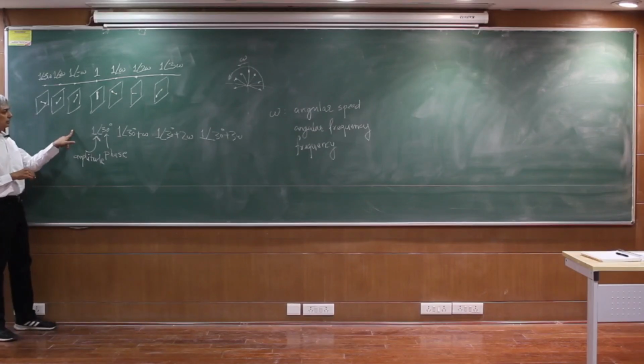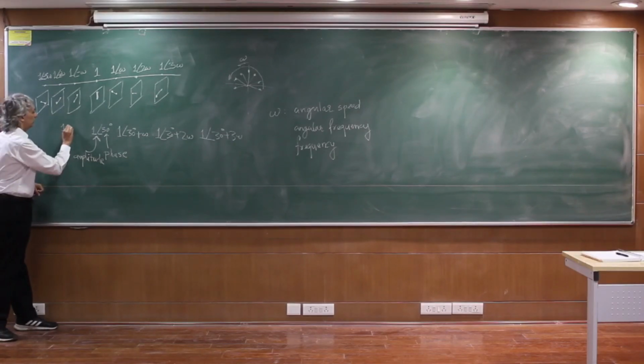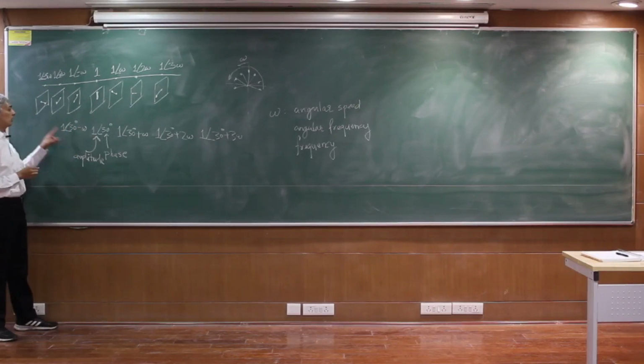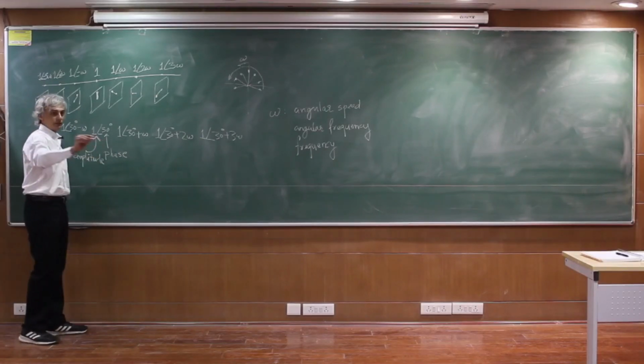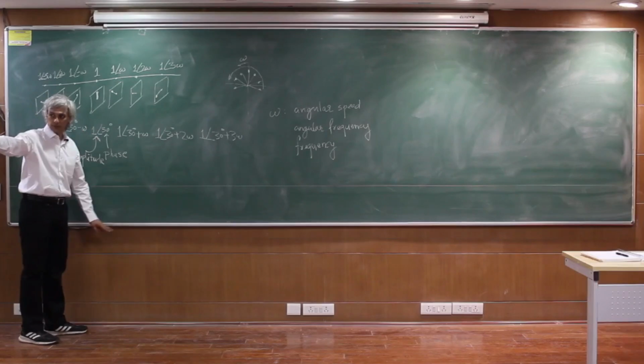What is the value here? 1 angle 30 degrees minus omega, then 1 angle 30 degrees minus 2 omega, 1 angle 30 degrees minus 3 omega. Is the distinction clear now?